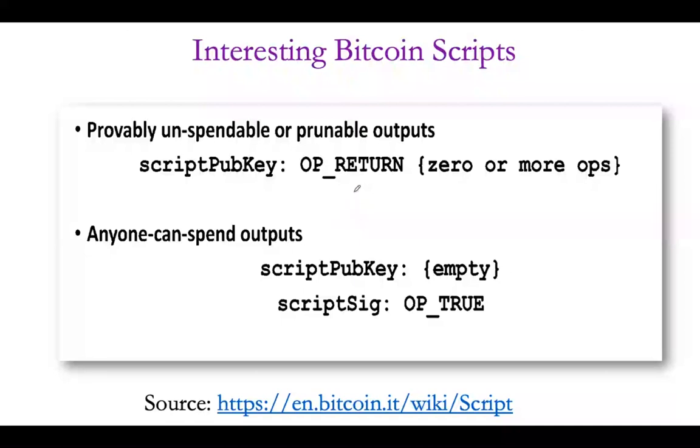So anyone can spend this output, the created bitcoins, by using their public key and their digital signature. The digital signature is for your verification purpose, and the output that can be expected is that the operation must be true.